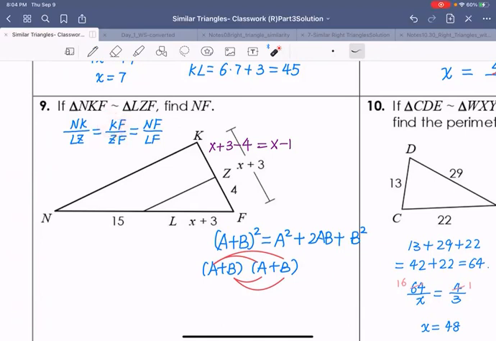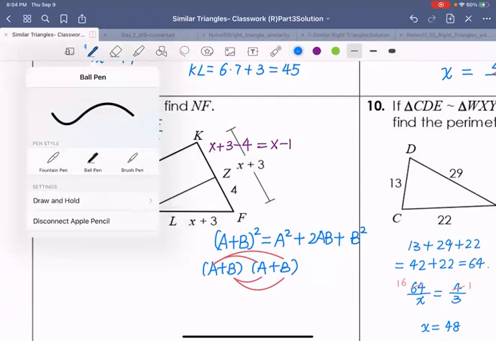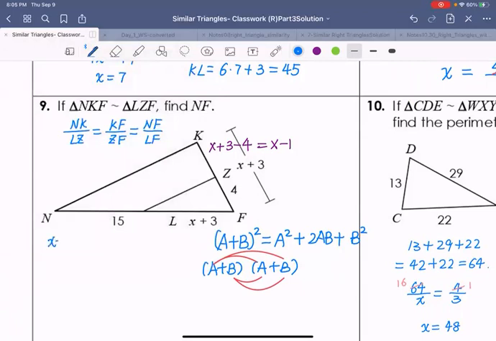KF is how much? Given, right? X plus 3. Over ZF, 4. Equals? X plus 18.